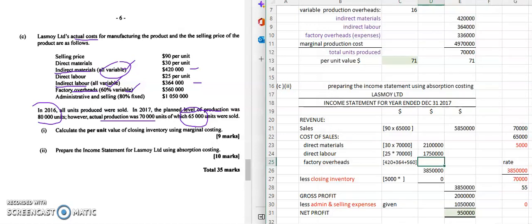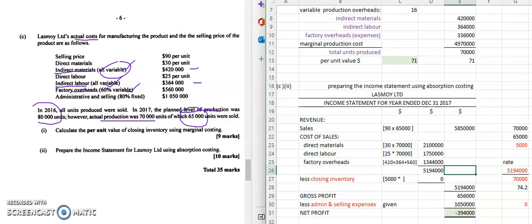So let's put that in. 1,344,000. All right, and that gives me now that the total cost of manufacturing is 5,194,000, and we want to find the rate to multiply out the stock.